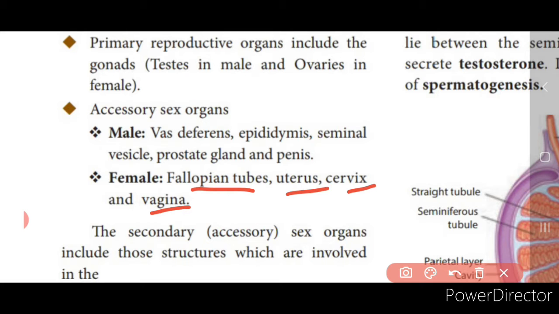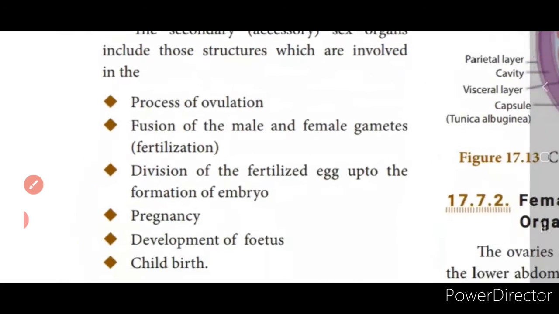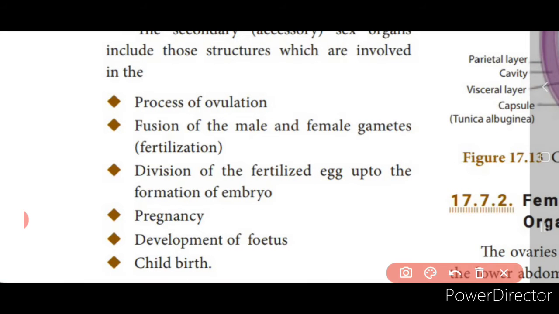Now if you see the process of reproduction, these are the steps. The first one is the process of ovulation, that is, the ovum is released from the ovary. Next is the fusion of the male and the female gametes, which is nothing but fertilization. After the fertilized egg is formed, the division of the fertilized egg takes place till the formation of the embryo.